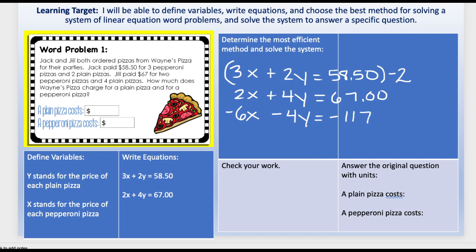So now that I have multiplied that first equation by -2, I can combine my two equations and solve for x. So when I add +4y and -4y, they are eliminated or canceled out. When I add 2x and -6x, I get -4x.